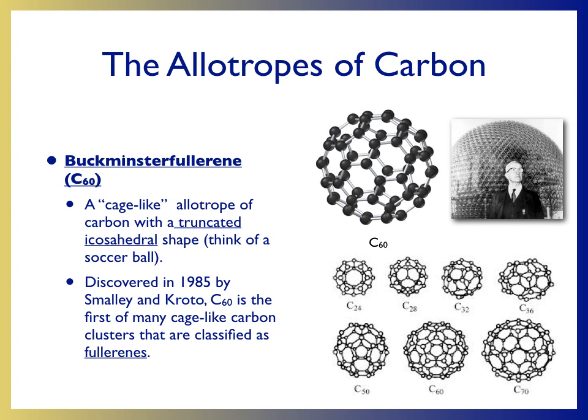Buckminster fullerene is one of the first compounds discovered in a class of compounds named fullerenes, which are cage-like carbon compounds, as the ones shown in the bottom right. The existence of these led to the emergence of nanoscience or nanotechnology as a discipline.